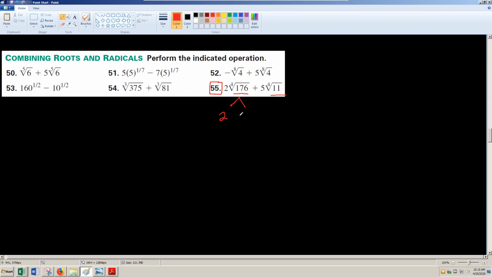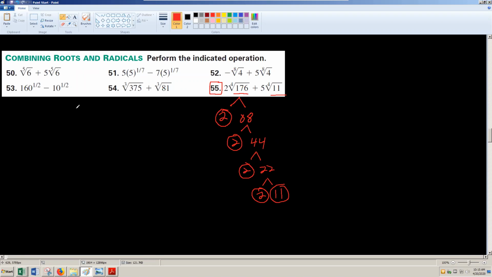So 176 divided by 2 gives me 88. And then my 88 can be 2 and 44. Looks like 44 can be 2 and 22. And 22 can be 2 and 11. And now I see I have my prime factorization here.